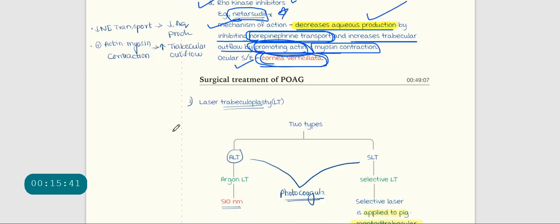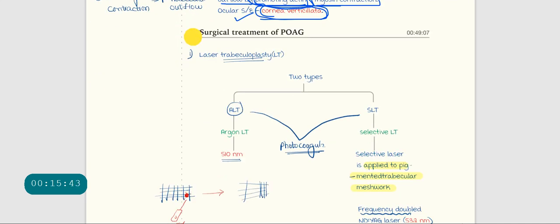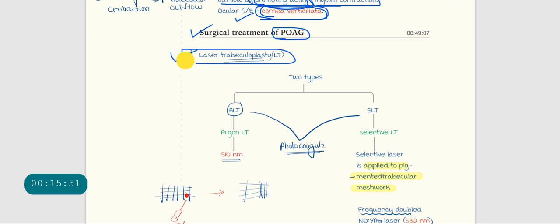The surgical treatment for primary open angle glaucoma, this is laser trabeculoplasty, okay, LT, and this is of two types, ALT and SLT. The ALT is nothing but argon laser trabeculoplasty, and this uses a wavelength of 514 nanometers.